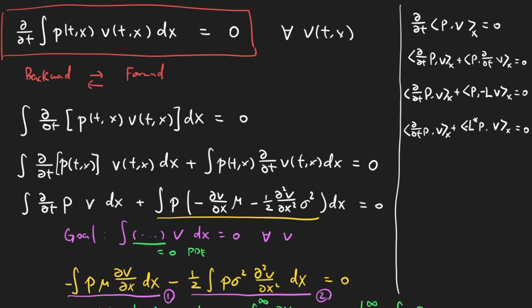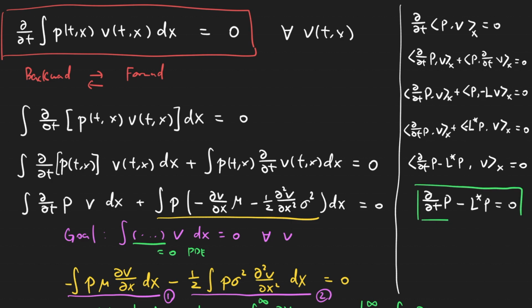So we'll have the partial t acting on p minus L star acting on p, inner product with v, equals to 0. Because this inner product is true for all function v, it just means that the first argument must be 0. So you have the partial t acting on p minus L star on p equals to 0. And that is the Kolmogorov forward equation.